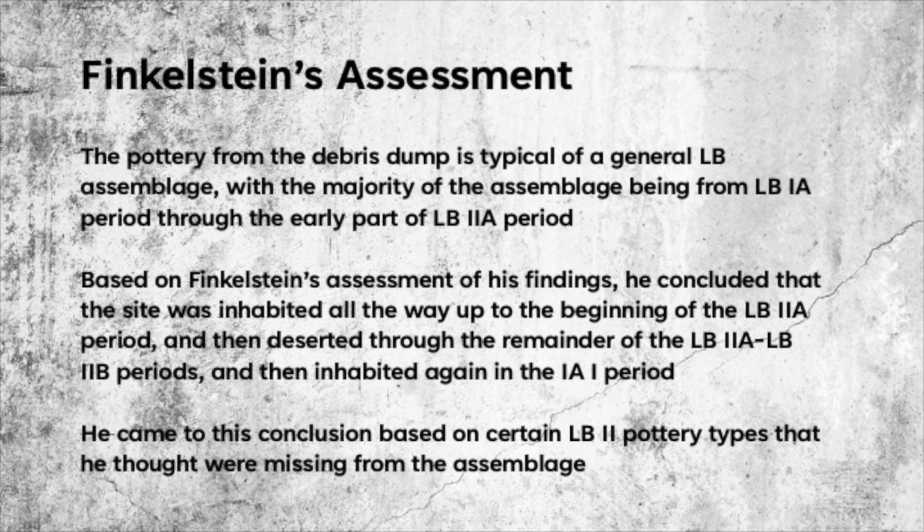So based on Finkelstein's assessment of his findings, he concluded that the site was inhabited all the way up to the beginning of the late bronze 2A period, and then deserted through the remainder of LB2A through LB2B, and then inhabited again in the Iron Age period. He came to this conclusion based on certain late bronze 2 pottery types that he thought were missing from this assemblage.